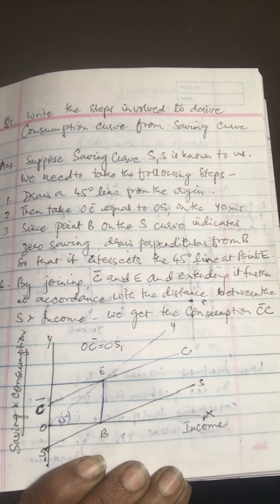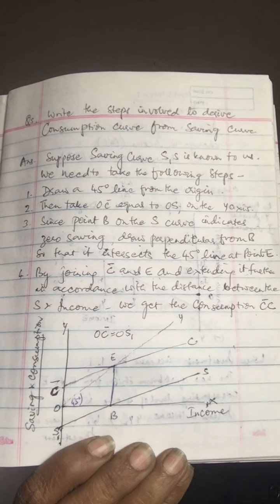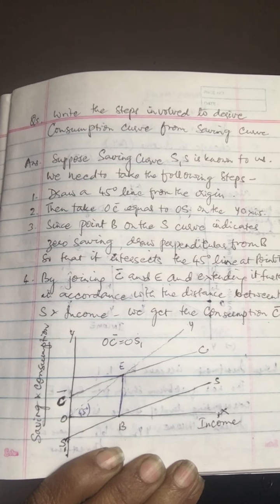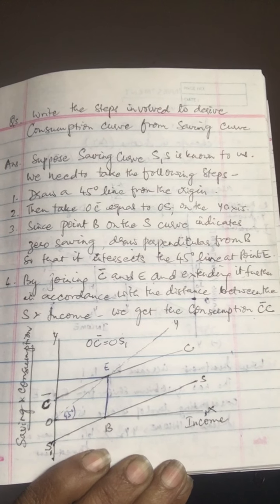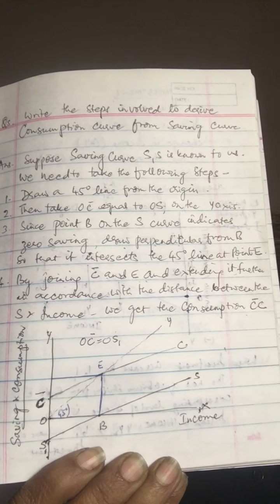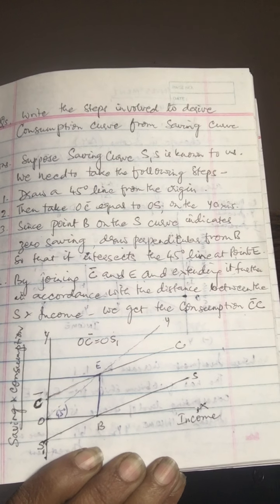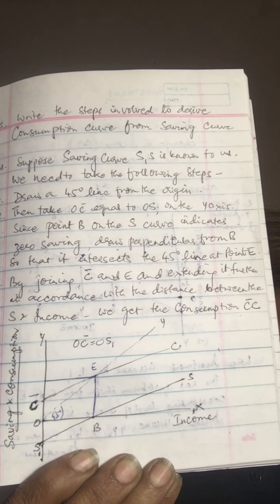Now, since point B on the S curve indicates zero saving, draw a perpendicular from B so that it intersects the 45-degree line at point E. And we see that point B on the S curve indicates zero saving.